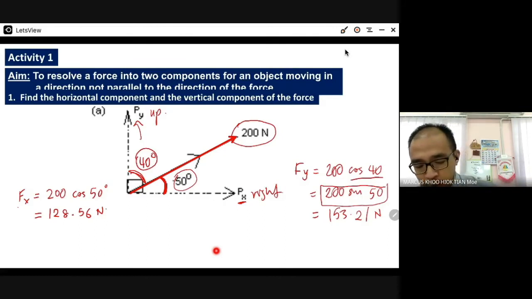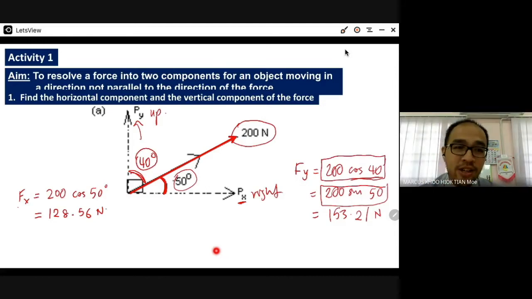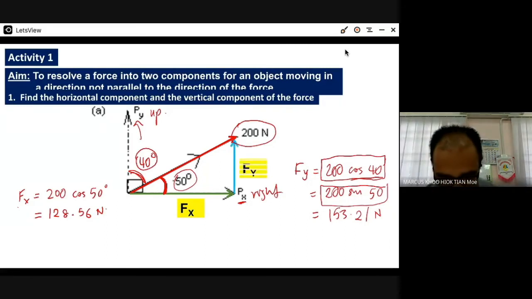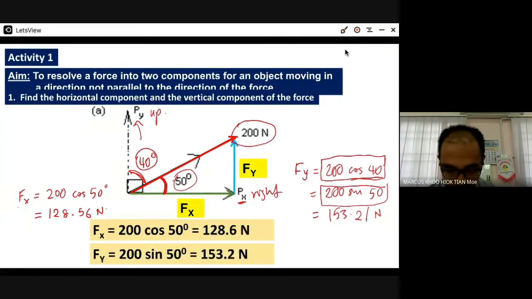But for those of you who want to understand why Christia chose cos 40, you can ask Christia. That's actually a very smart move. I'm quite impressed. 153.2, very good.